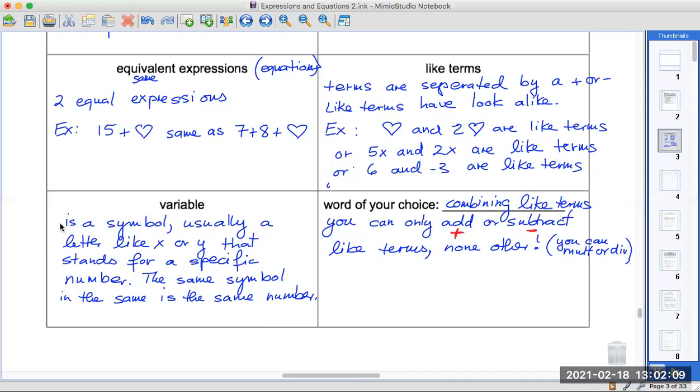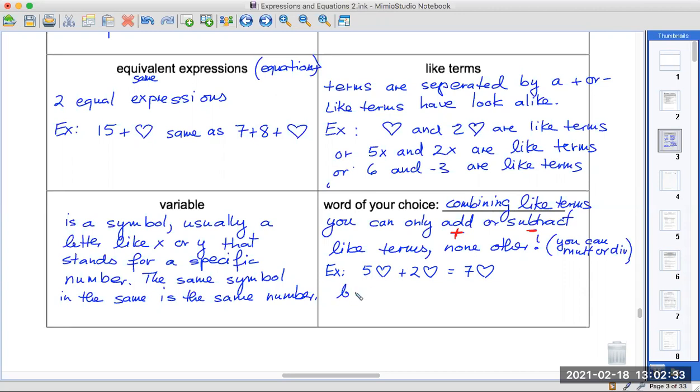So for example, I like the heart. If you have 5 hearts plus 2 hearts, those are like terms, right? Then you say 5 plus 2 hearts is 7 hearts. See how you can add them? Because they're like terms, right?